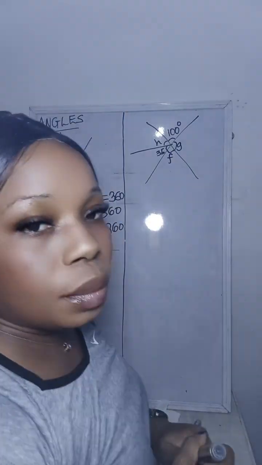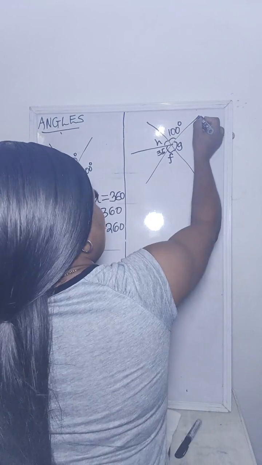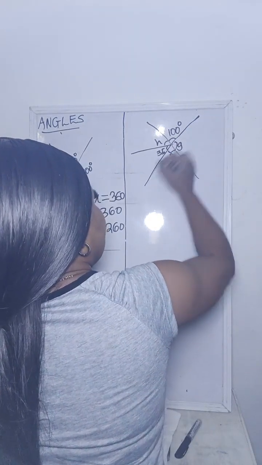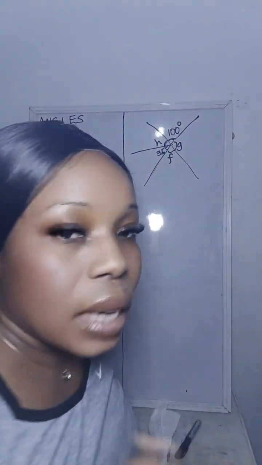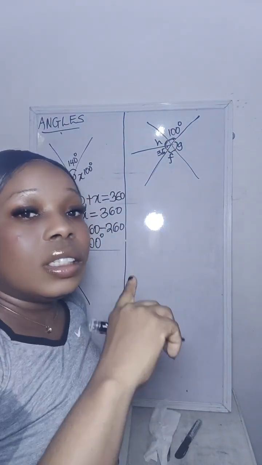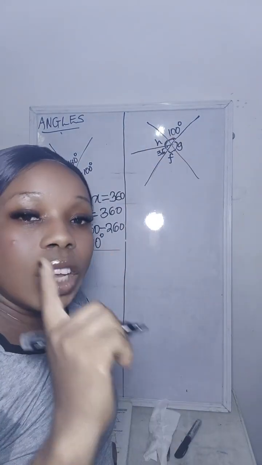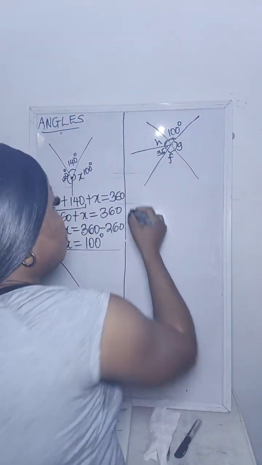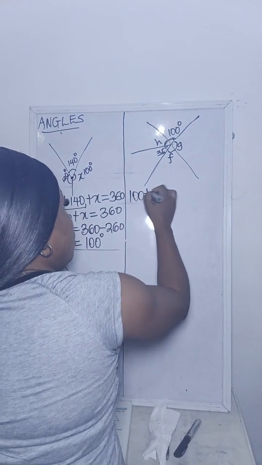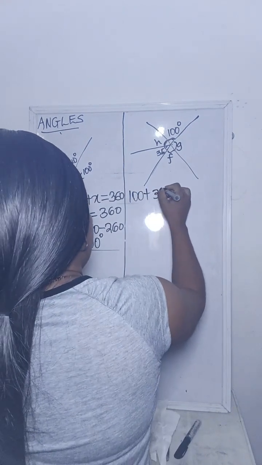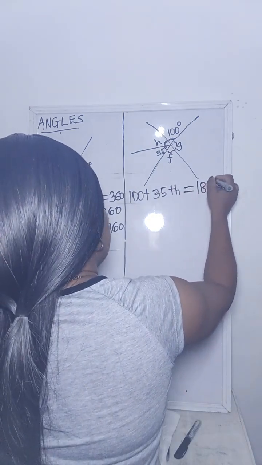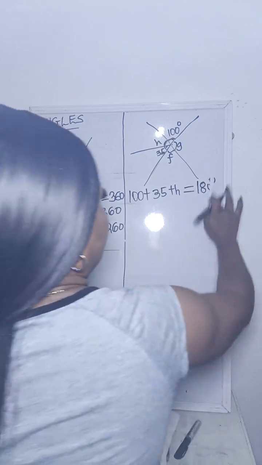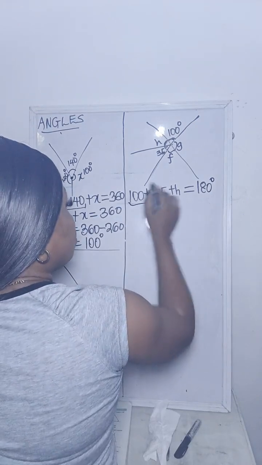Let's start with H. Here, you will notice that this is a straight line, and all of these angles are on that straight line. Now, what does that tell us? It tells us that the sum of those three angles equals 180. So, 100 plus 35 plus H equals 180 degrees. Let's sum this up.